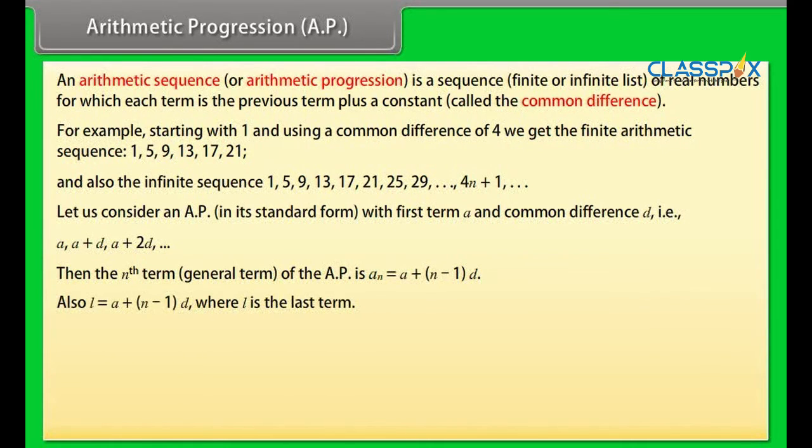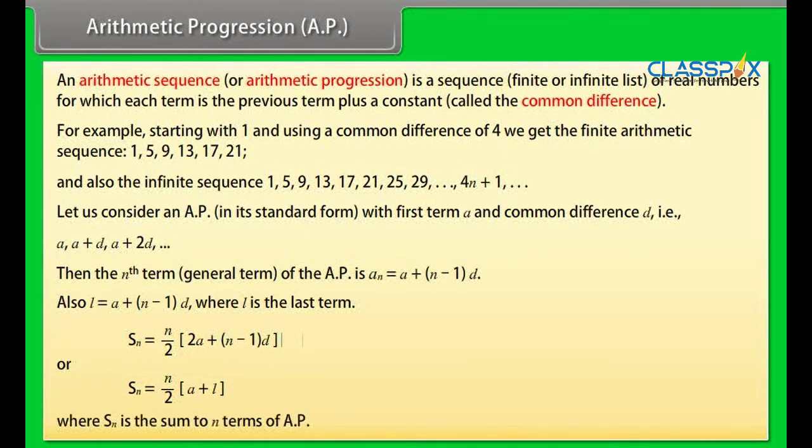Also, l = a + (n − 1)d, where l is the last term. Also, Sn = n/2 [2a + (n − 1)d], or Sn = n/2 (a + l), where Sn is the sum to n terms of the AP.